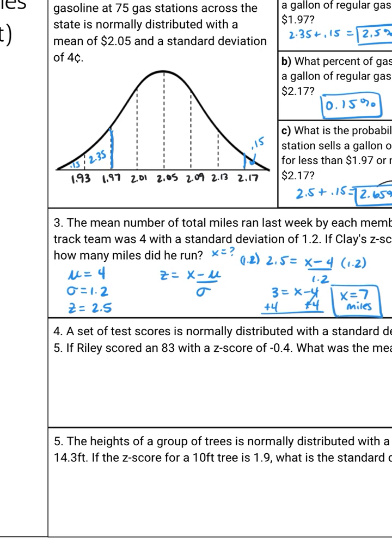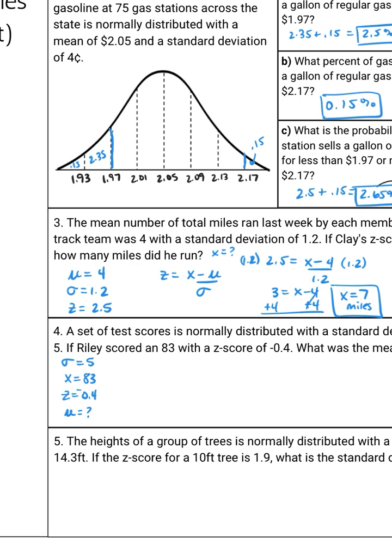In the next one, it says a set of test scores is normally distributed with a standard deviation of 5. Riley scored an 83 with a z-score of negative 0.4. And what was the mean? So we're looking for the mean.